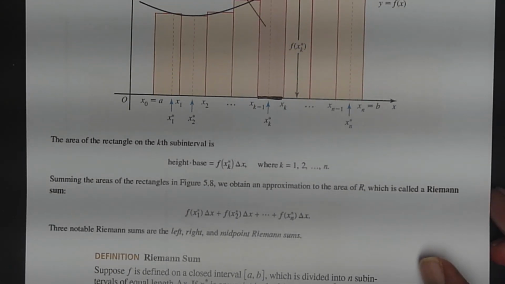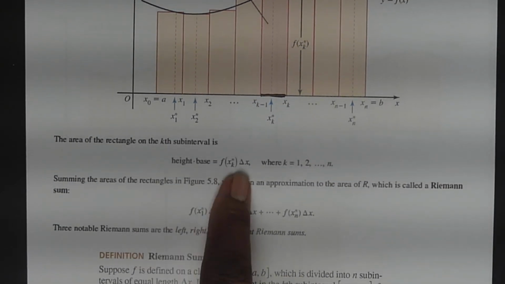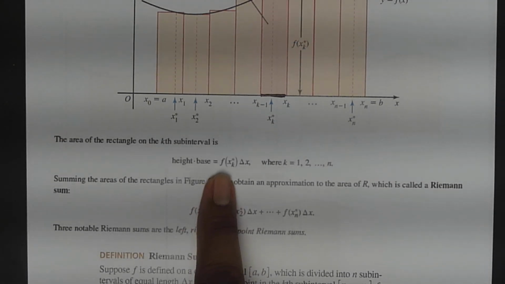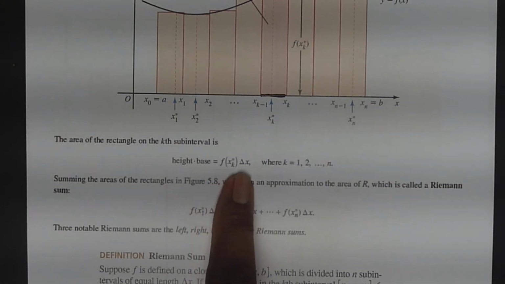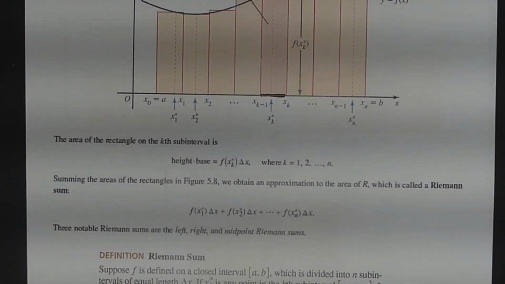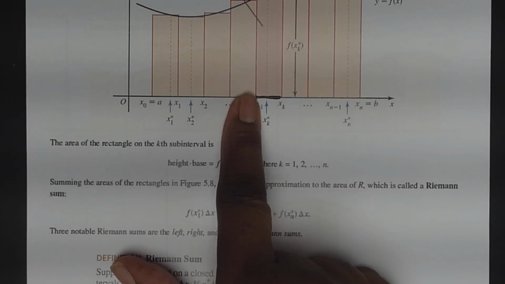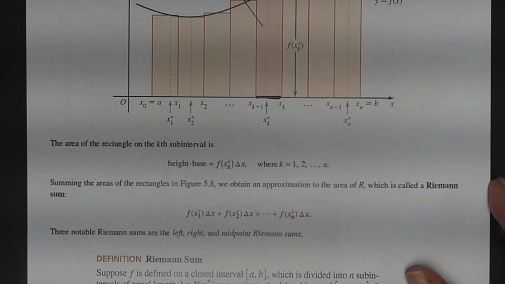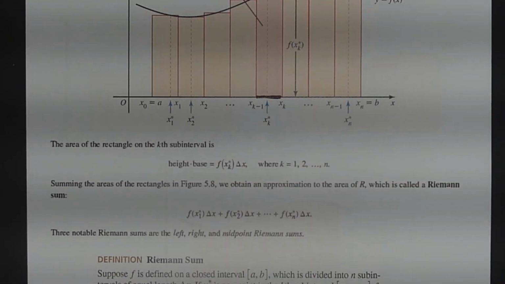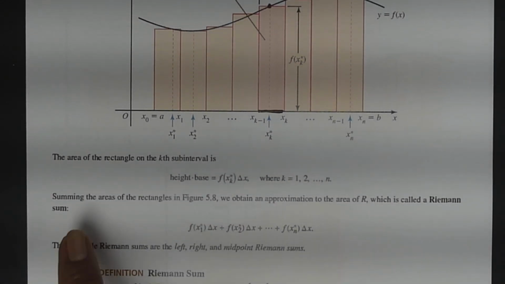So the area of the rectangle on the kth subinterval will be height times base, which is f of x star sub k times delta x, where k goes from 1 to n. Now, if we take the sum of all of these rectangles together, we get an approximate area, and we call that the Riemann sum.